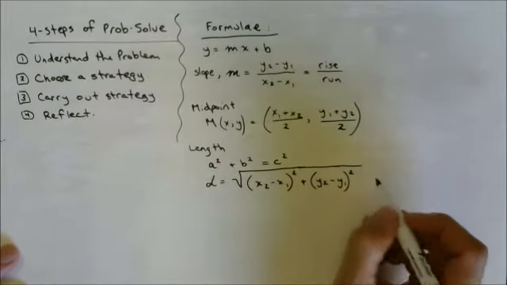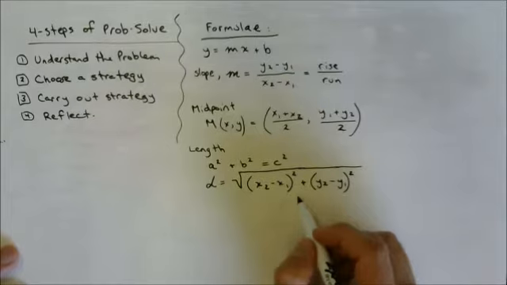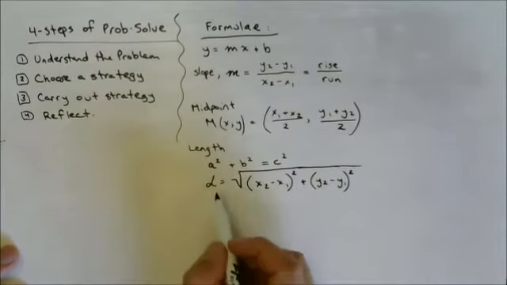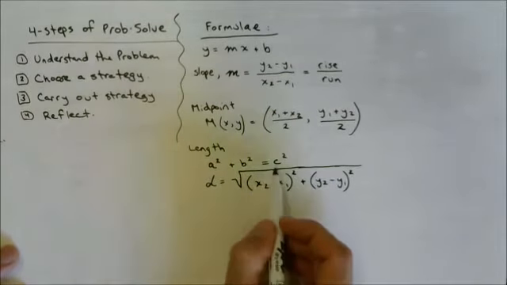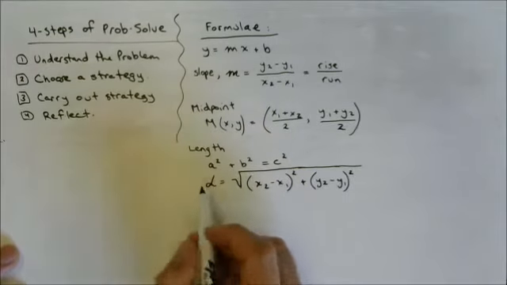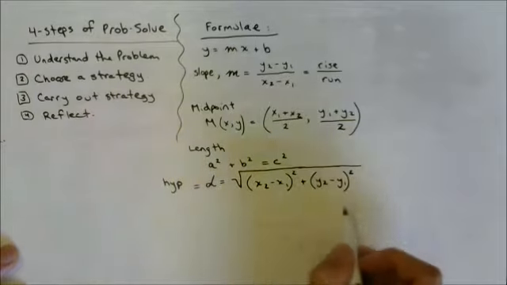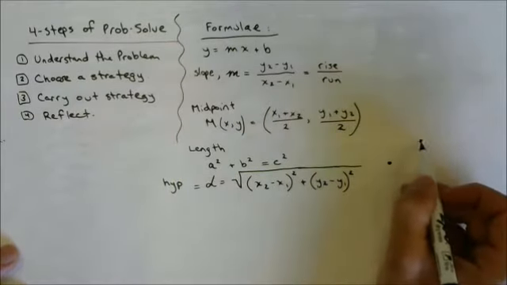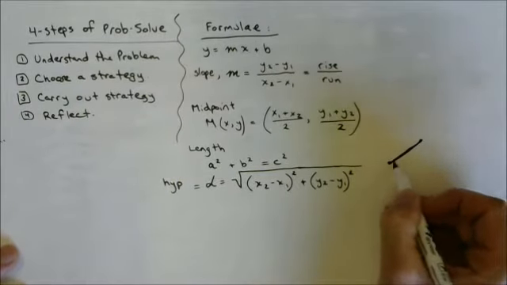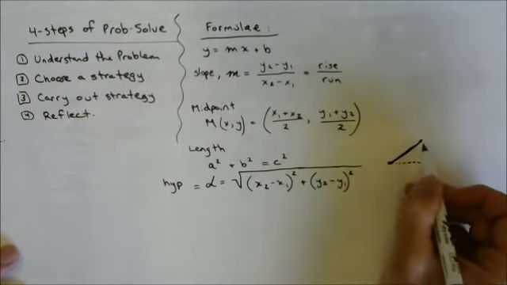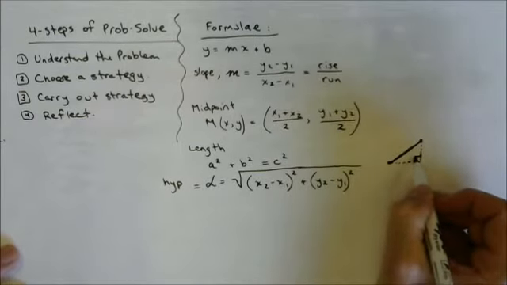According to the Pythagorean theorem, we square each of those, add them up, and then we take the square root, and we'll get the distance. We'll get the hypotenuse, okay? If you wanted to help yourself out, you could put "hyp" there just to remind you that what you're really getting is the hypotenuse of a right triangle.